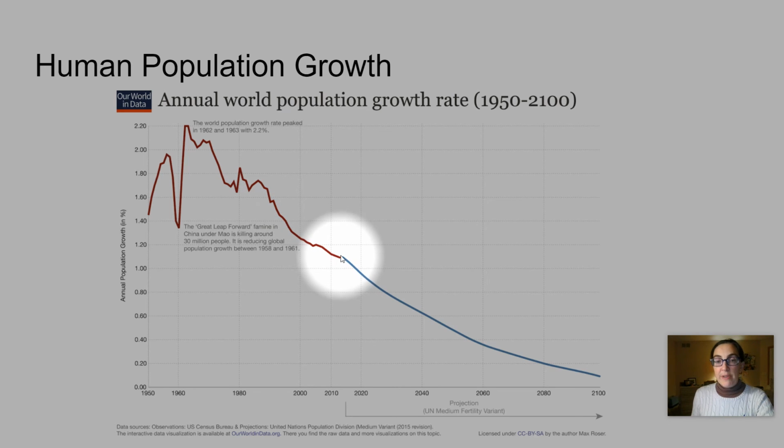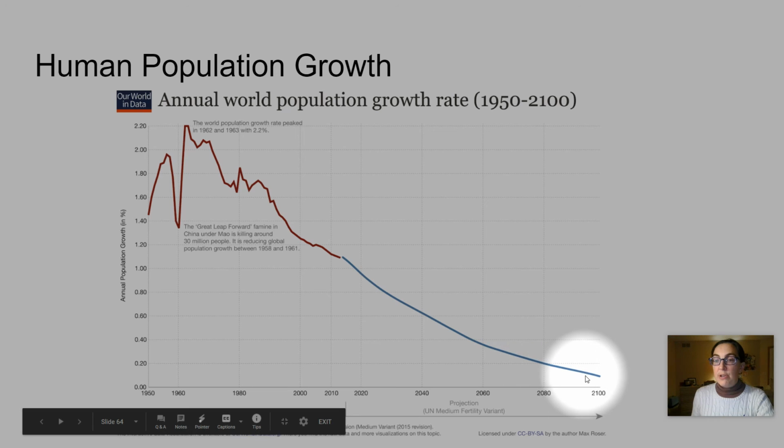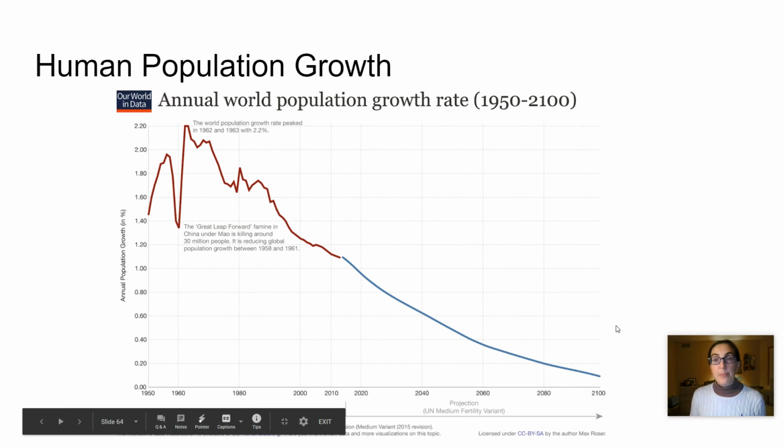And you can see this graph obviously was made in the 20 teens, somewhere like that. But they are projecting that this growth rate will continue to decrease. Keep in mind, though, as long as this rate is still above 0, that means the human population is still growing. It's just growing more slowly than it had been previously.